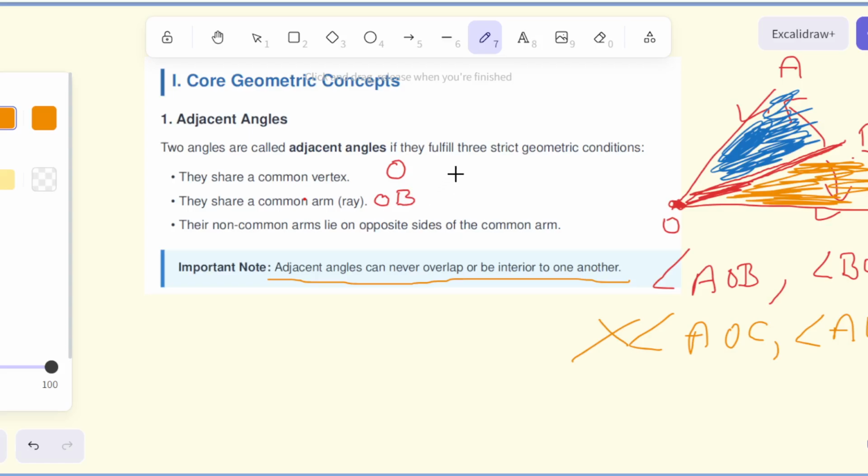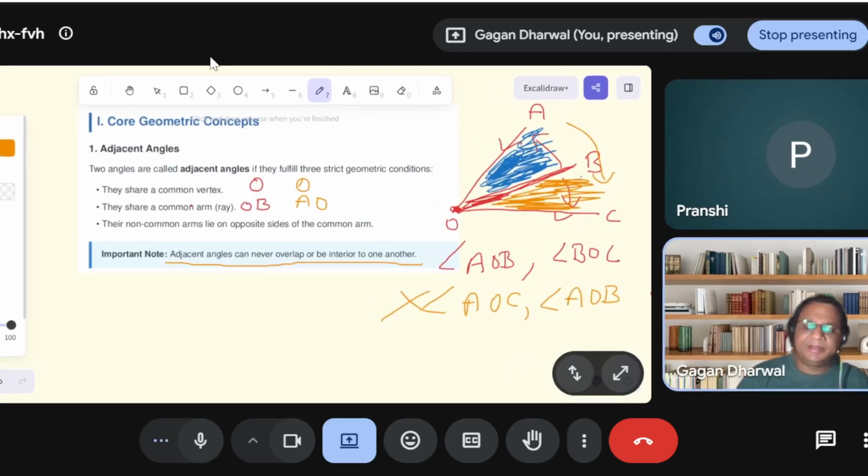Though they have the same vertex O and they share the common arm AO, they will definitely have overlapping areas. Also, the non-common arms OB and OC are on the same side of the common arm AO. That's the problem. So the non-common arms should be on opposite sides of the common arm. Making sense, right?